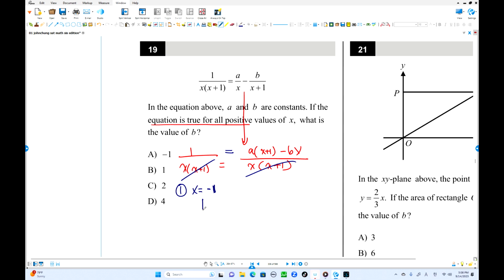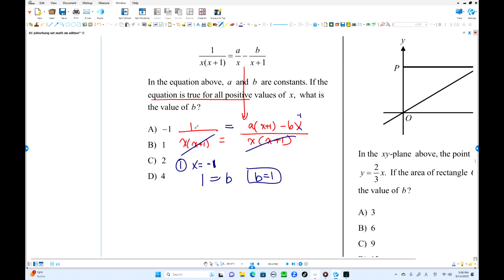You can use this one. x equals 1, this is always 1. This is not minus 1 over here. This is 0. So we got what? This is bx, okay? Negative 1 times negative b is a positive b, isn't it? Okay, b times x, right? Yeah, positive b. So b equals 1 is the answer, okay?